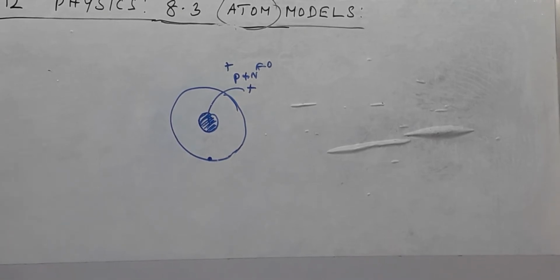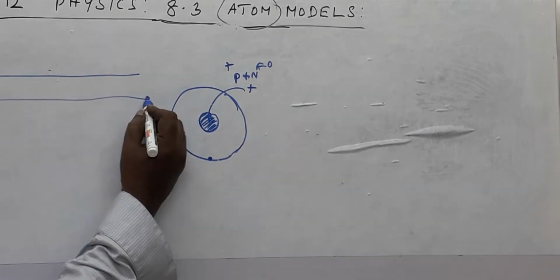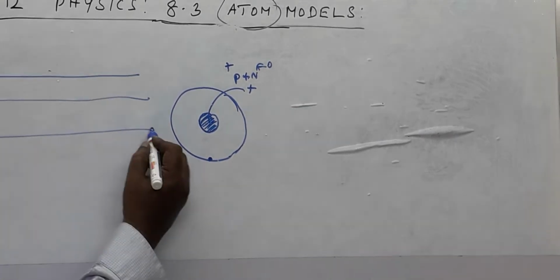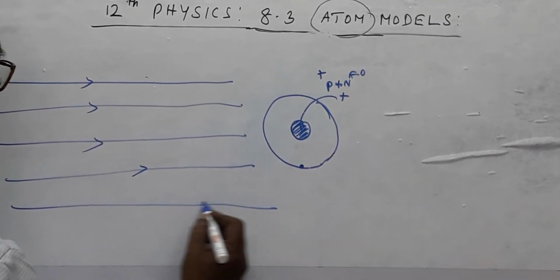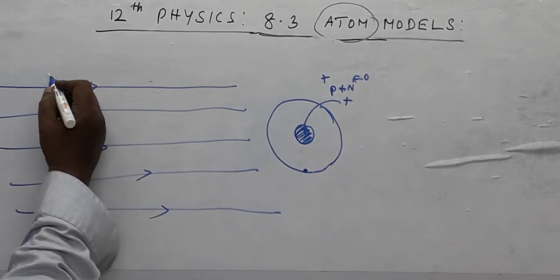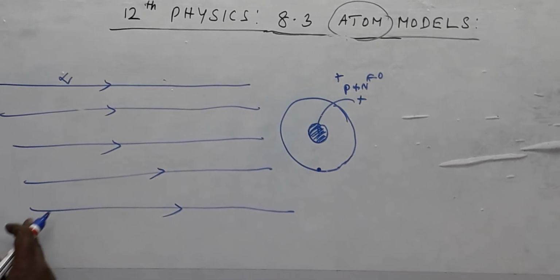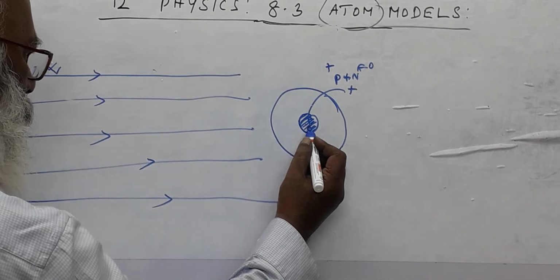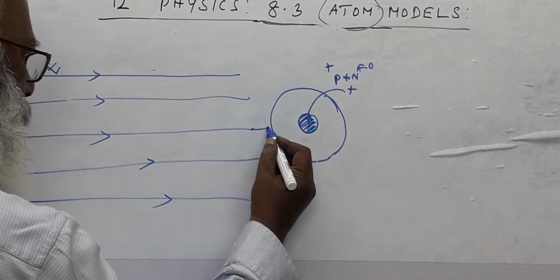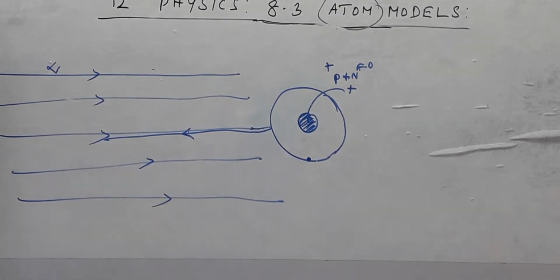Now, imagine alpha rays of various angles like this. These are all alpha particles. When an alpha particle moves towards the nucleus at the center, it may repel in the same direction.